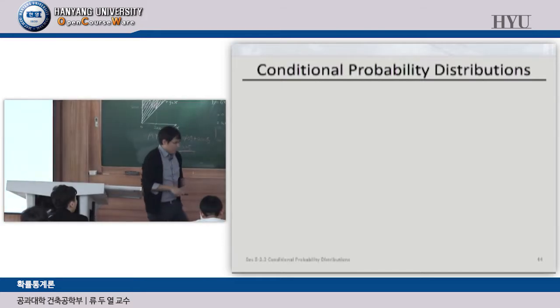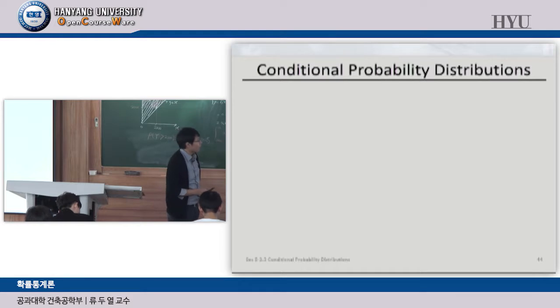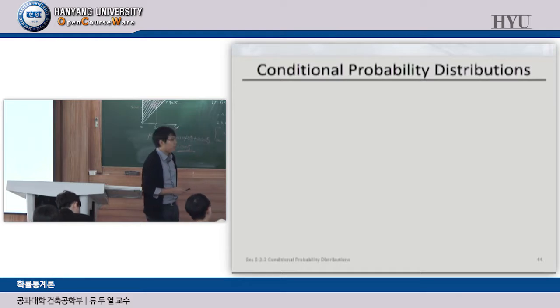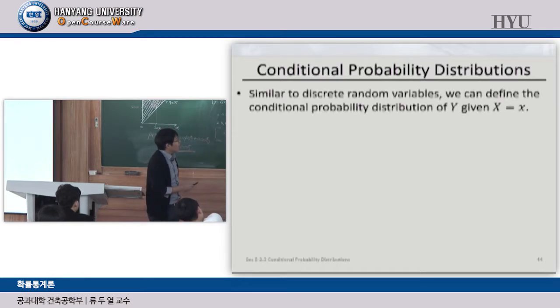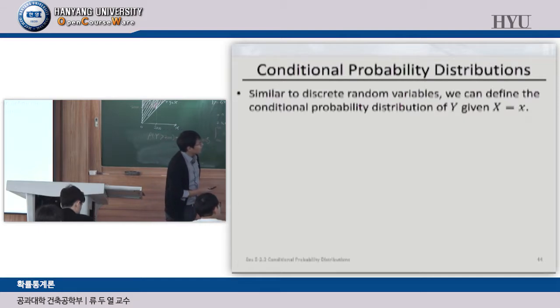And now, I'm going to explain the conditional probability distributions for the case of two continuous random variables. Similar to the previous discrete random variables, we can define the conditional probability distribution of y given x when x is equal to small x.